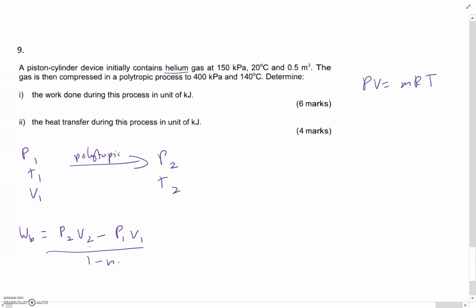You are not given the mass, so using this, maybe you can find the mass first. State 1 and state 2 have the same mass, so using the same mass, you can get V2. Then, this is polytropic and you don't have n.